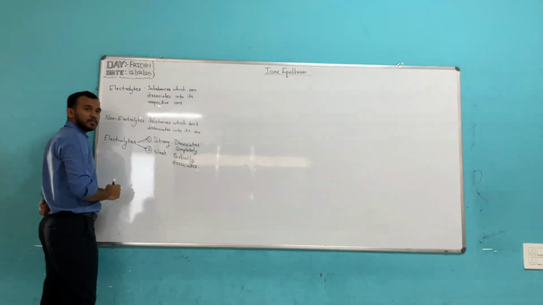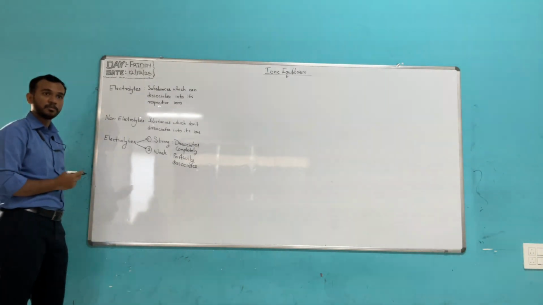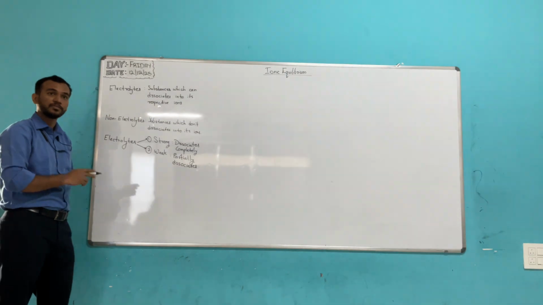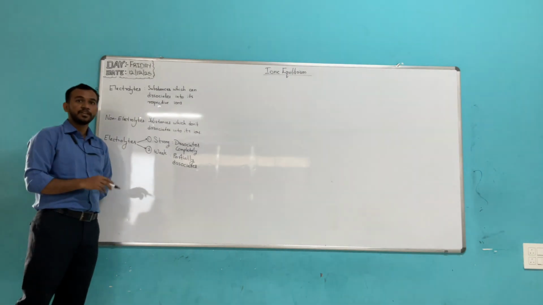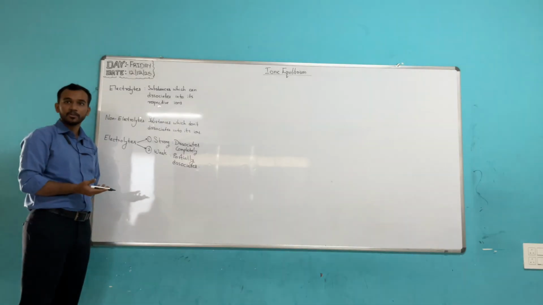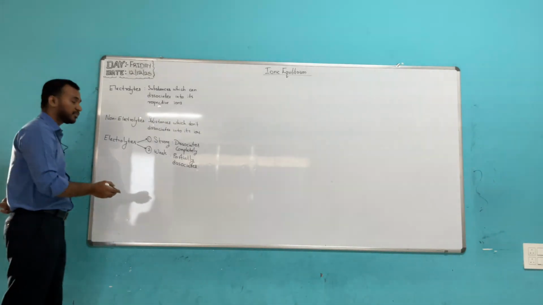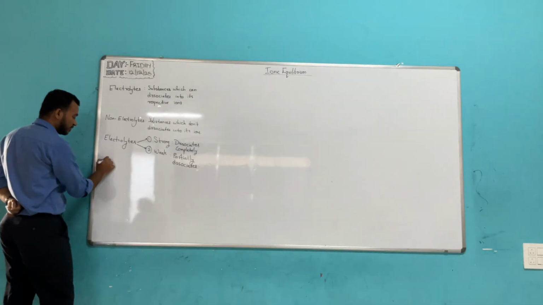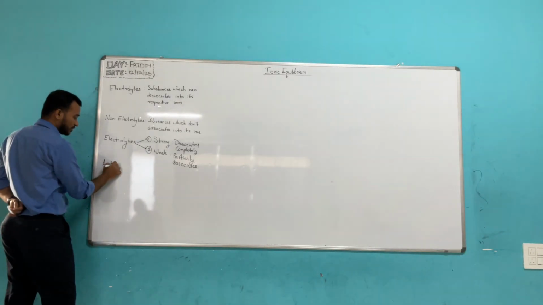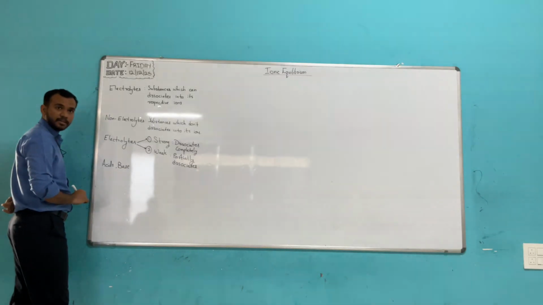Easy? Yes. So if I give you the examples of the substances, can you tell me which are the substances which are strong and which are weak? By looking at the formulas you can't, because you don't know what are acids and what are bases, right? So for that we are going to learn about acids, bases, right?